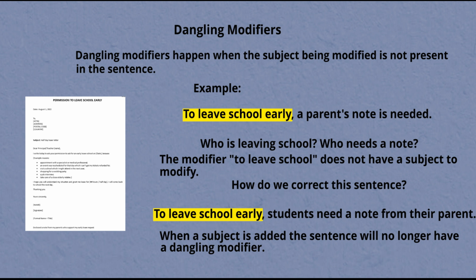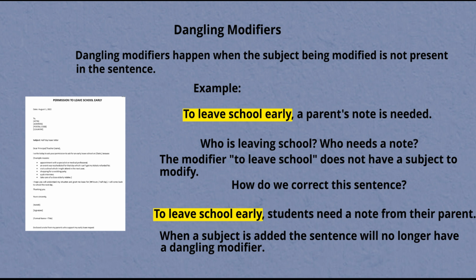What is the modifier in this sentence? To leave school early, right? Does it have a subject? It's not having any subject. So how do we correct this sentence? To leave school early, students need a note from their parent. So here what will be the subject?